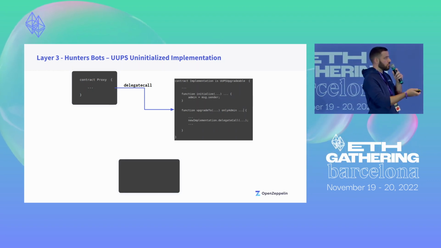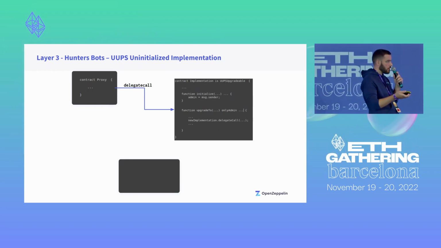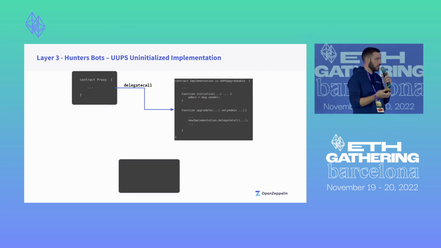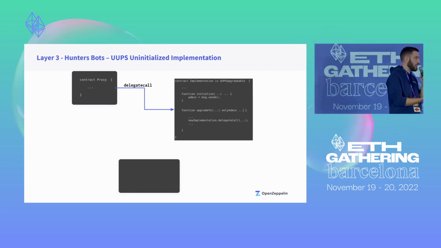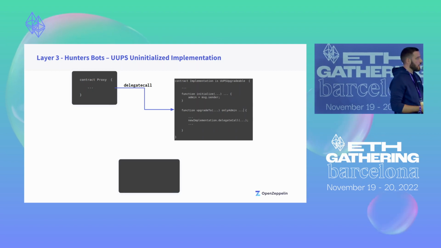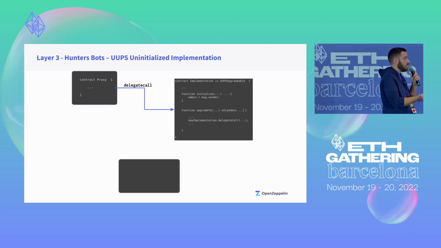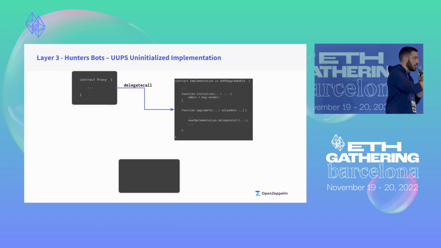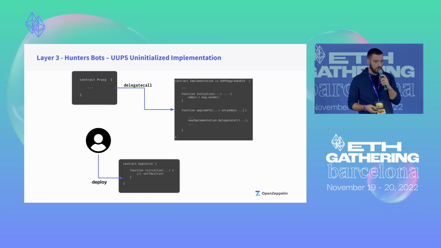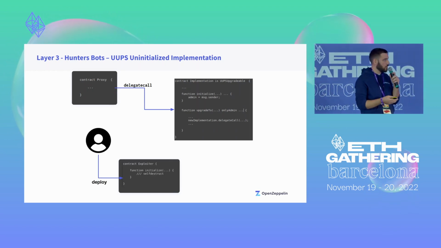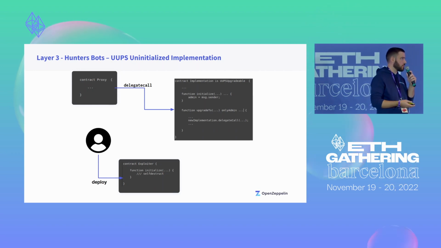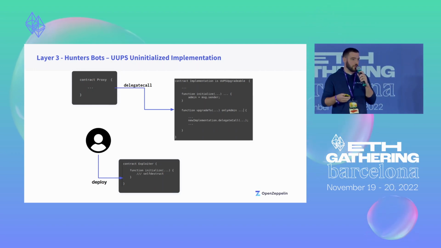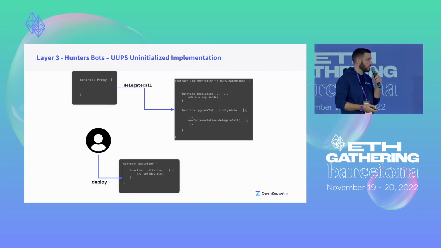Generally, those are protected by an onlyAdmin modifier or something that prevents anyone from calling them directly through the proxy. And usually that admin is set in an initialize function. Remember that when you have upgradability, you don't have constructors in the implementation contracts, you just have an initialize function that is called through the proxy with a delegate call.